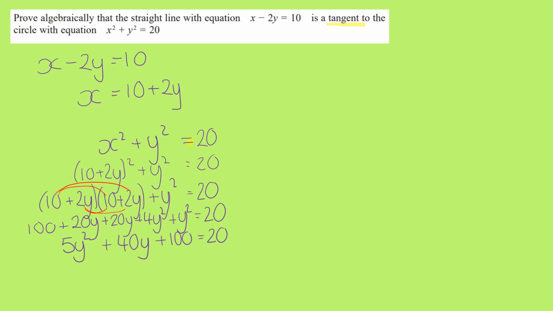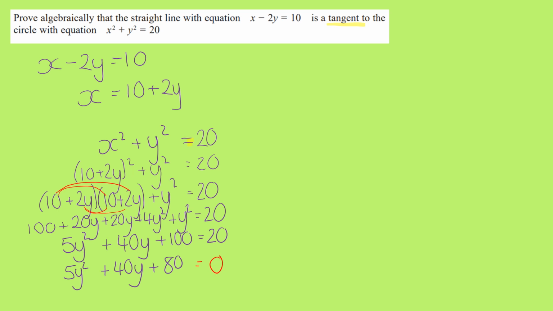If I'm going to solve an equation, the final bit of this is I've got to have a 0 on this side of my equation. And so let's bring my 20 across, 5y squared plus 40y plus 80, so 100 minus 20.